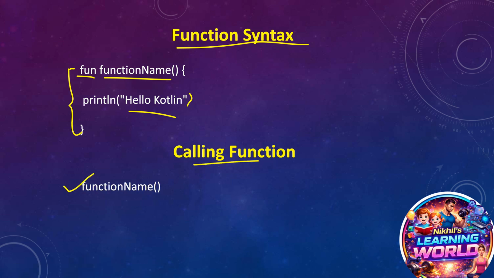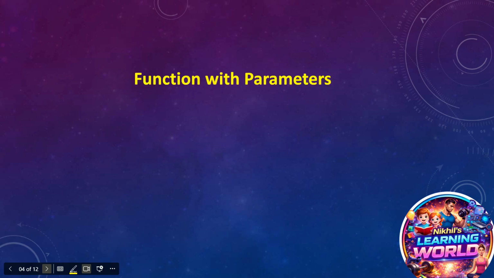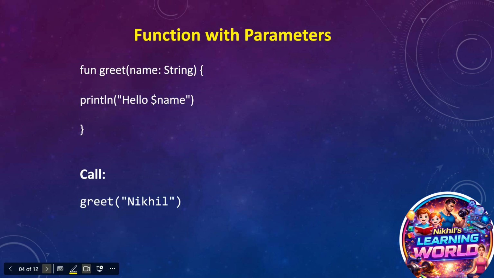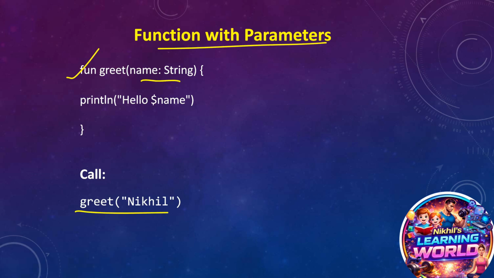Now, function with parameters. We can pass parameters as in Java or any programming language. We can pass the parameters with the function, right? In the same scenario in Kotlin we can pass these parameters by using the function name, right? So fun greet, name colon String, where String is the data type of that particular parameter, right?